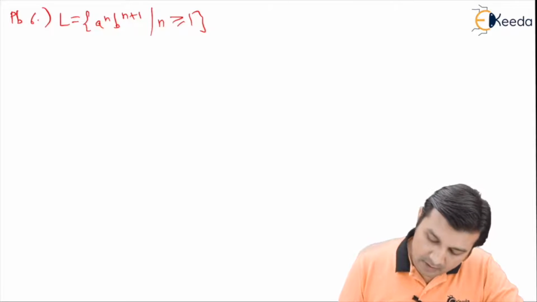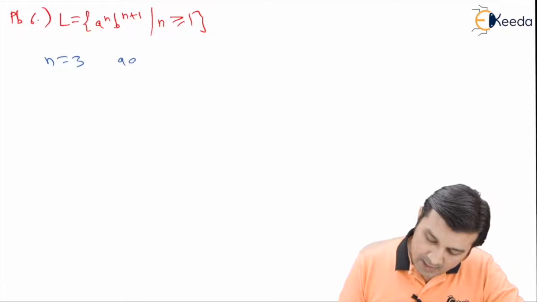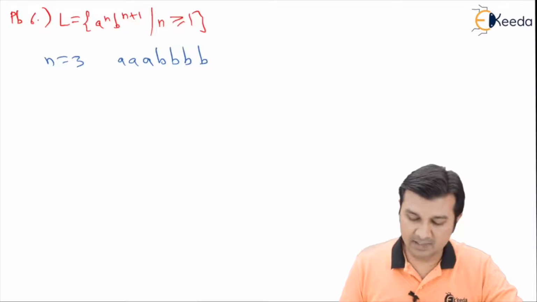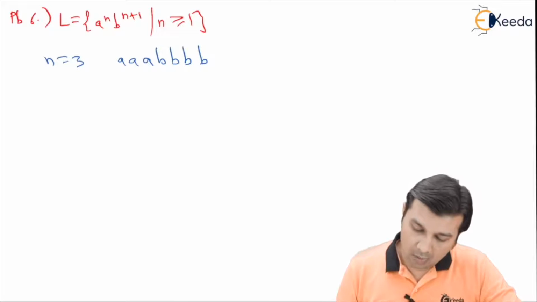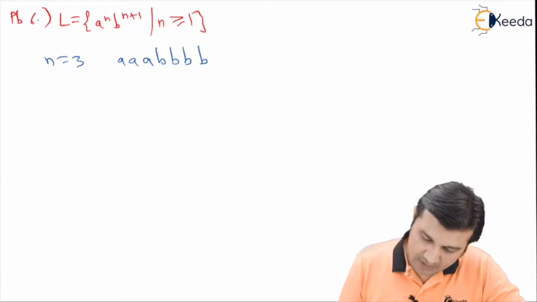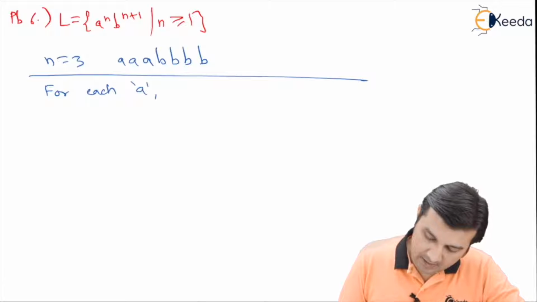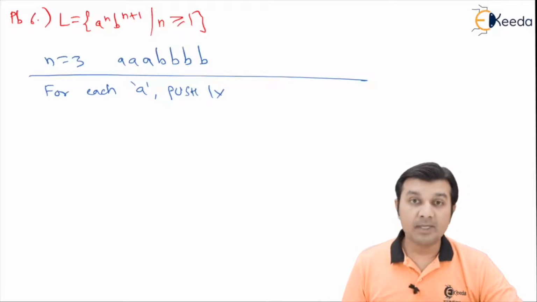So now over here, let me assume n's value is equal to 3. That gives me a, a, a, b, b, b, and one additional b, because n's value will be for b as 4. Now let me look at the logic for this. Look at the logic very carefully. I say for each a, as usual, push one x on the stack. Now the problem is in b.